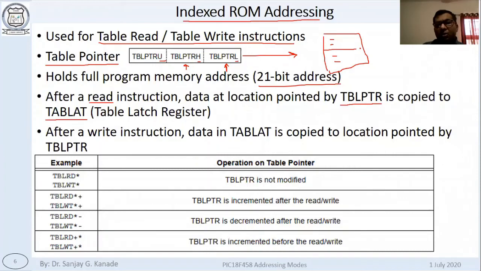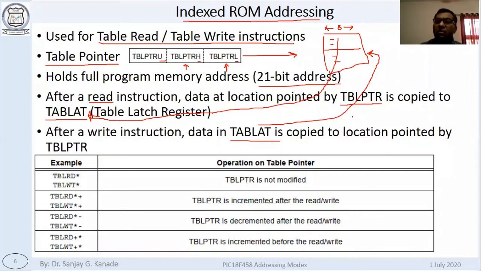Each memory location holds an 8-bit value. That value will be copied to the table latch register. And if there is a write instruction, whatever value is in the table latch will be copied to the location the table pointer is pointing to.